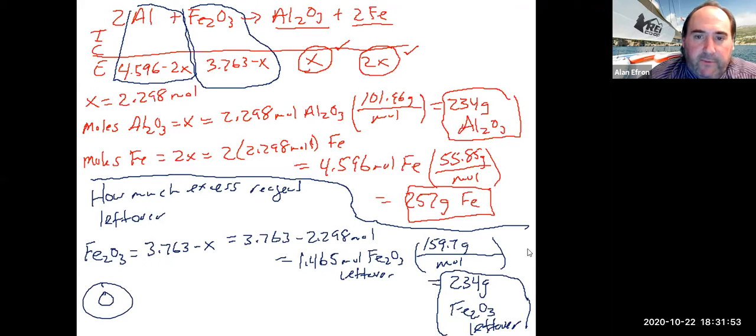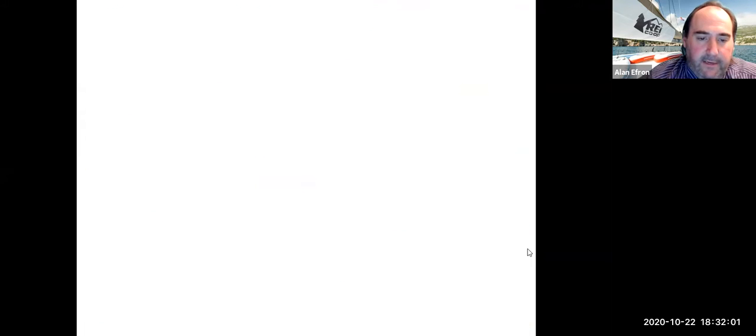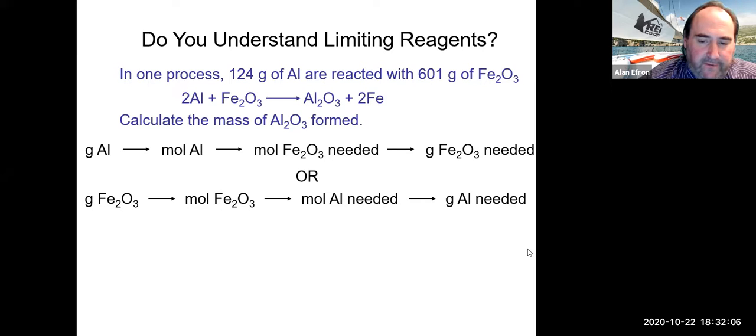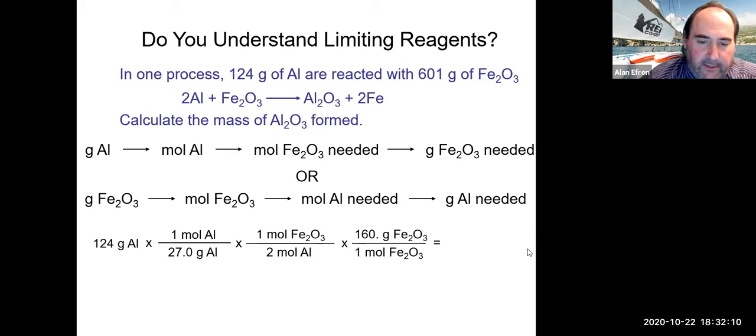So I think I have this problem worked out a different way, and I'll just scroll through it so you can see it. If you want to review it, you can look at the video, but I'll walk you through it. This is another approach here. The approach they took was to take one of the reactants and figure out how much of the other reactant they would need to use it completely up.